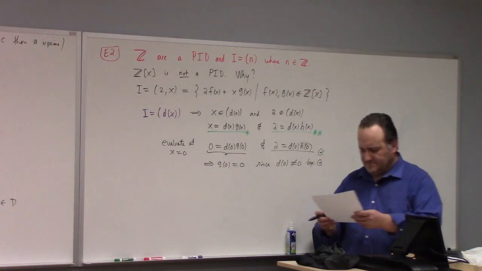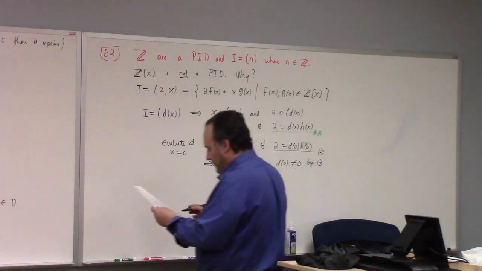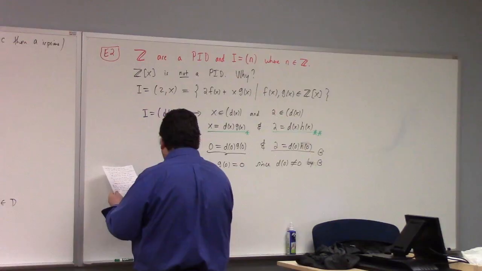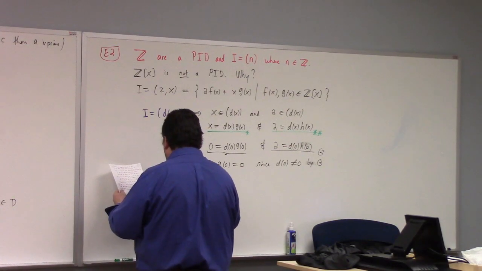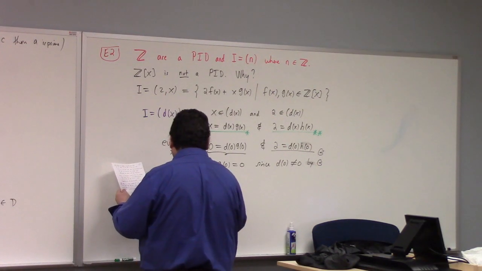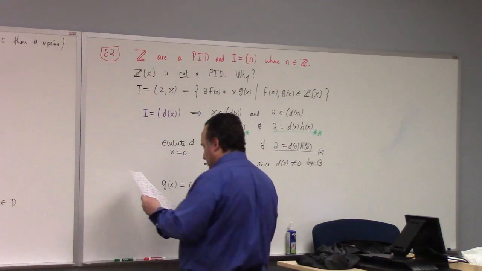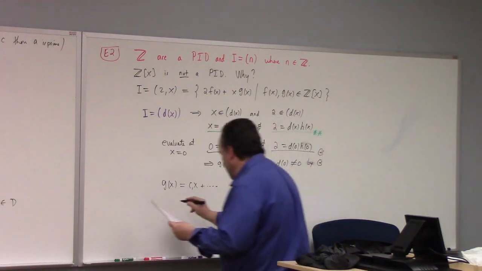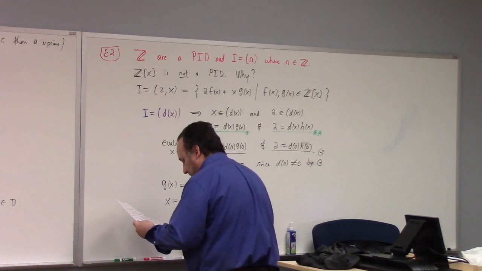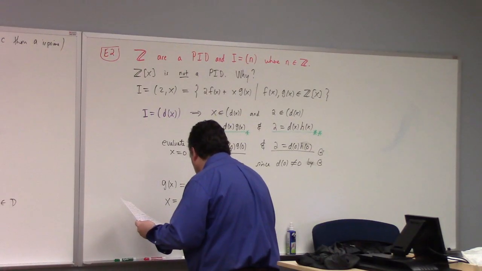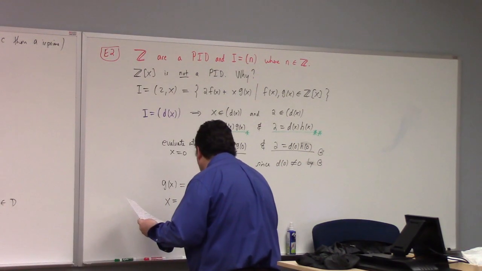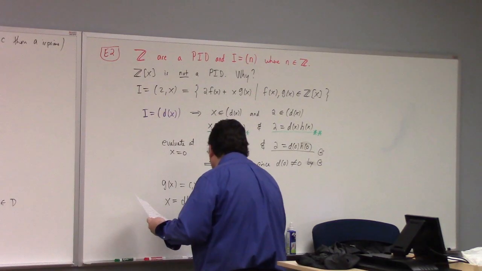But what does that mean? That means that g of x has to have the form c1 x plus higher order terms. And so x is equal to d of x times c1 x plus higher order terms.